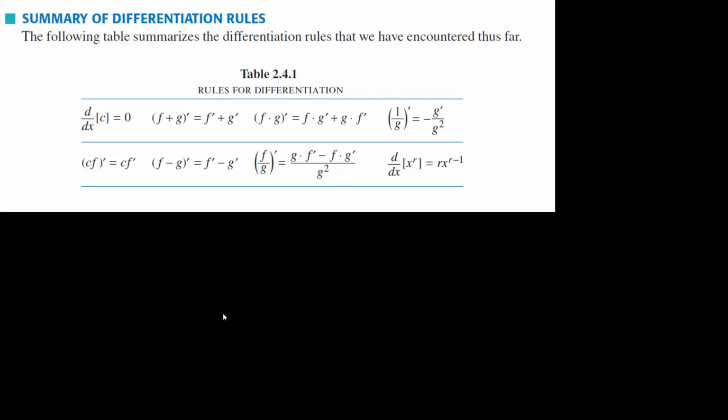So this is the first function. Let's name it h. And this is the second function. Let's name it g.